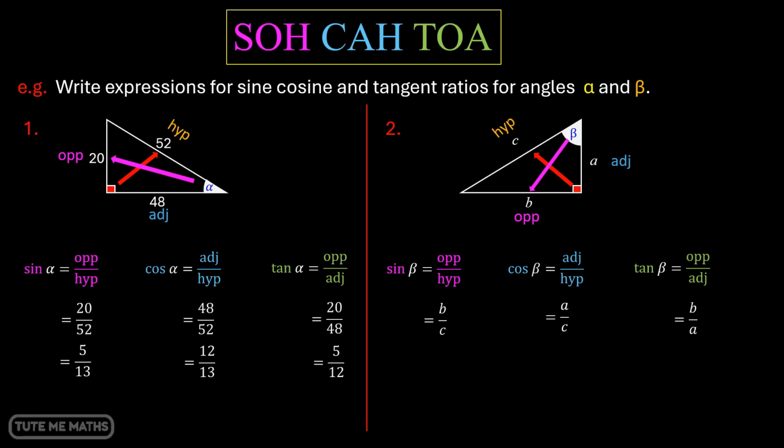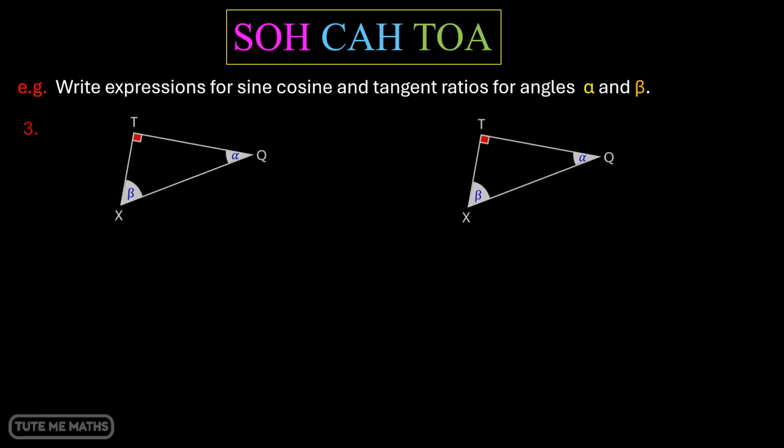In our last example, we have both angles alpha and beta labelled, so we will need to do the ratios for both angles. Let's do alpha first, labelling the sides as before. This time we only have the vertices labelled, so we will simply refer to them to identify each side.